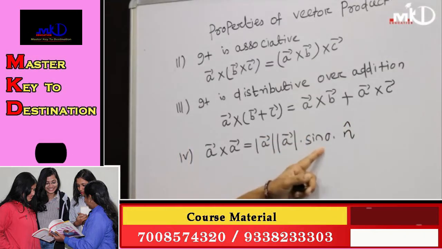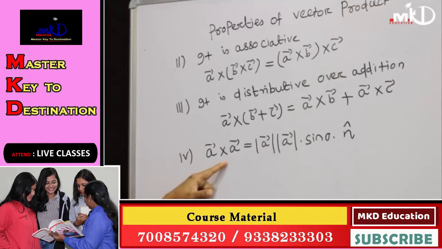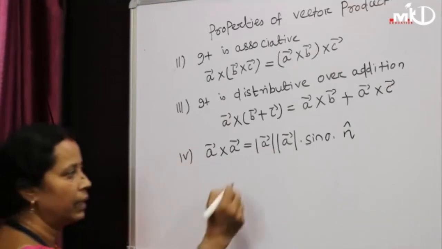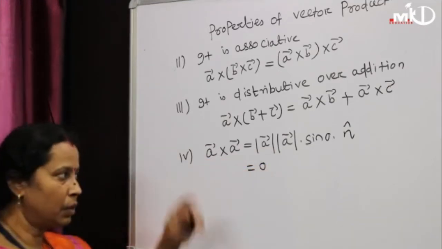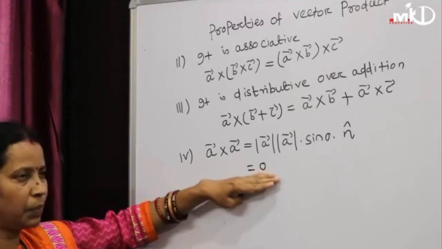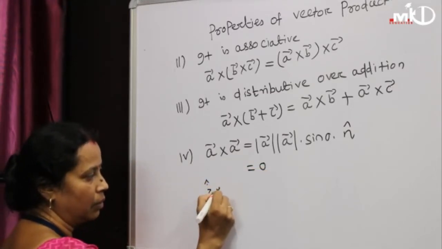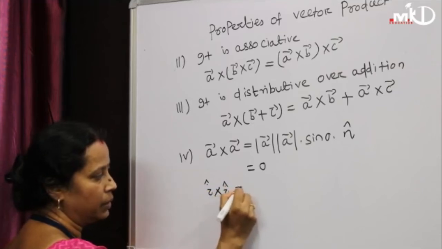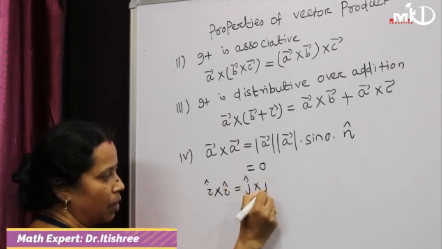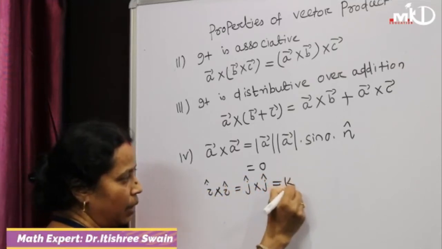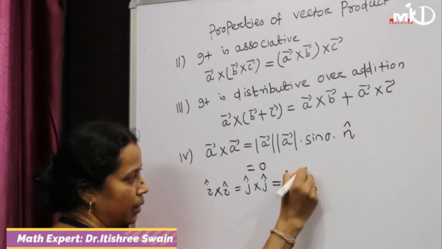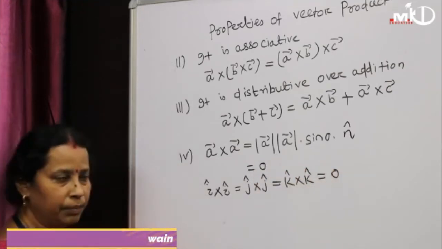Now already we know sine 0 is equal to 0. So the vector product of the same vector is equal to 0. Based on this property, we find i cap cross i cap is equal to j cap cross j cap is equal to k cap cross k cap, that is equal to 0.